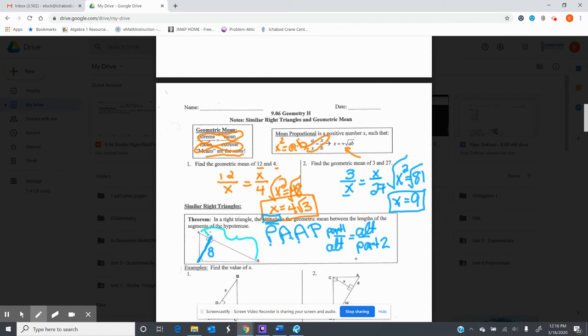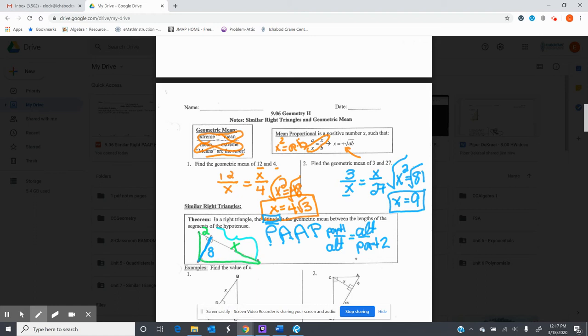AD is going to be some measure x, an unknown. Oops, let me undo that. Sorry. I'm going to move where I put the x. We're going to put the x here to the right. I do know that AD is going to be 2 instead. So let's say I was given these 3 pieces of this big diagram.